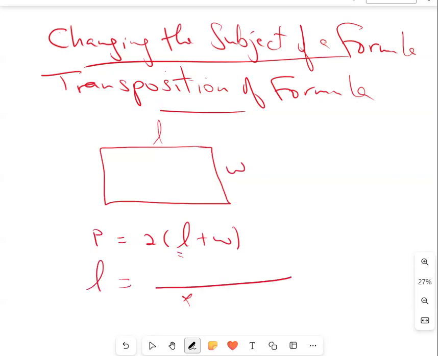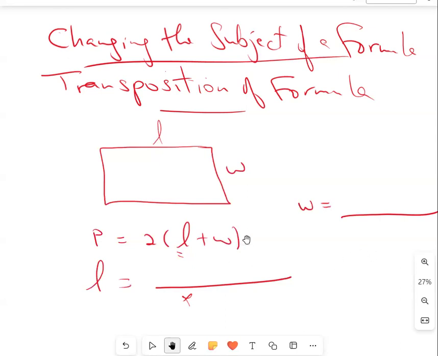Or you want to rearrange the formula so you have W equal to something. That's what this part is about. How do you rearrange a formula to make different unknowns, or different variables, the subject? Formulas can go from very simple ones like this to very complex ones.